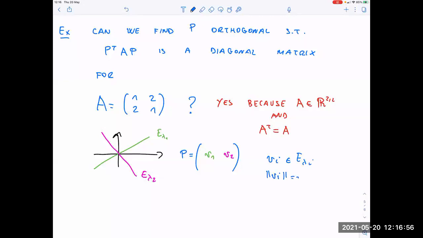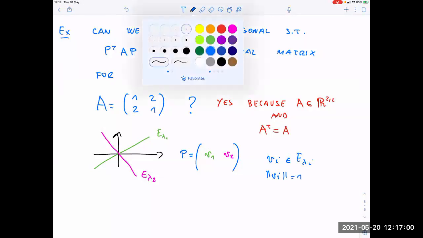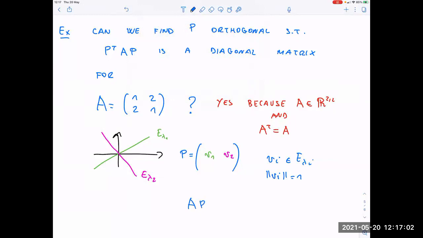And the matrix you construct in this way will work because if you compute, you will get that AP, remember, is going to be AV1, AV2. So it's going to be lambda 1 V1, second column lambda 2 V2.